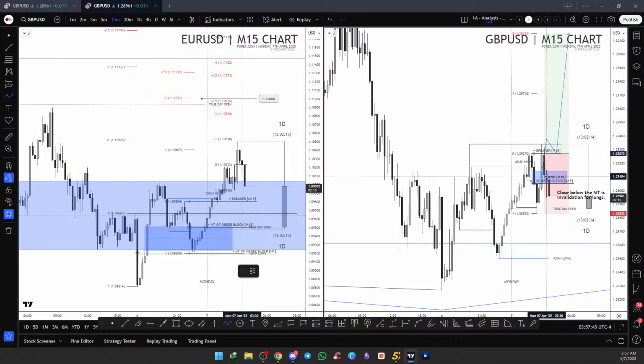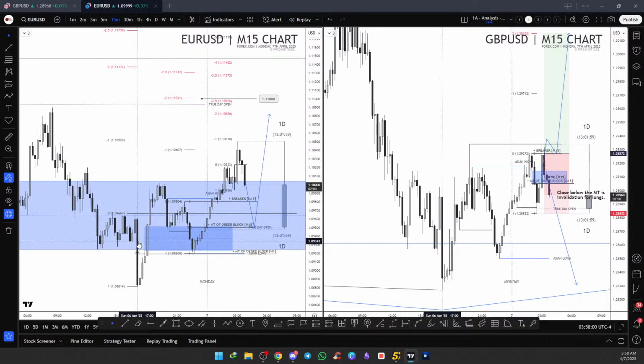I think price will take out this low right here in GU, whereas in EU it will reach a 2-day open, and then price can move up. Which is higher probability out of these both?